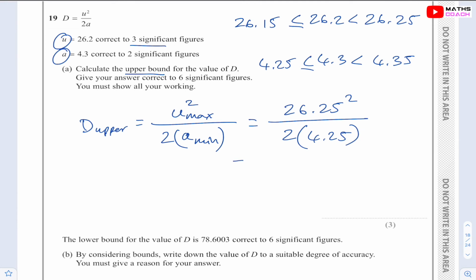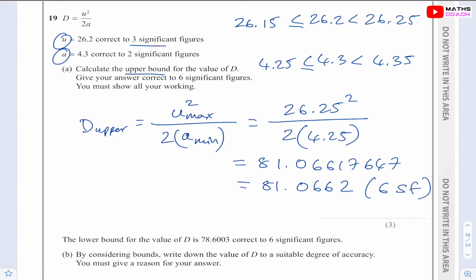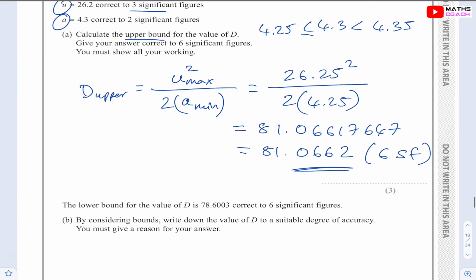Put this into our calculator, we get 81.06617647. And we've been told to round it to 6 significant figures, which would be 81.0662. That's 6 SF.